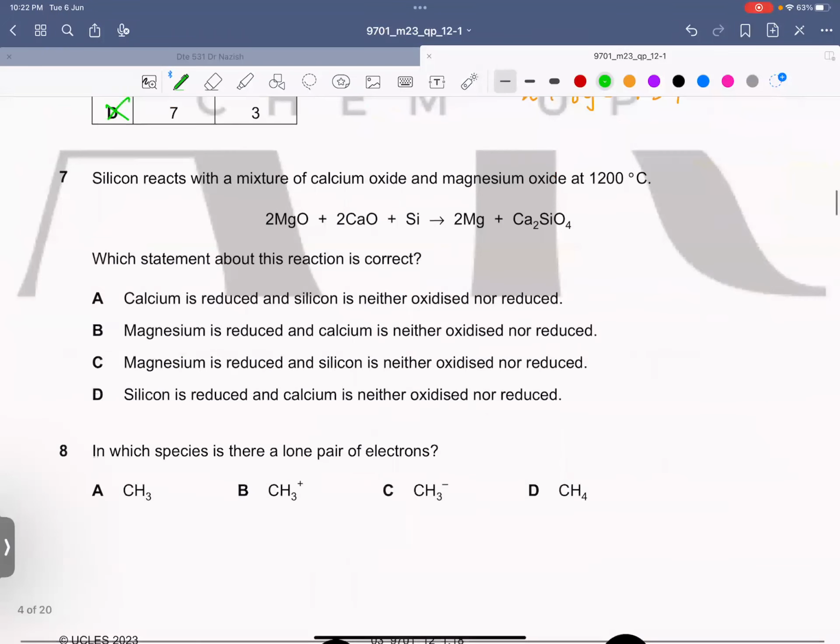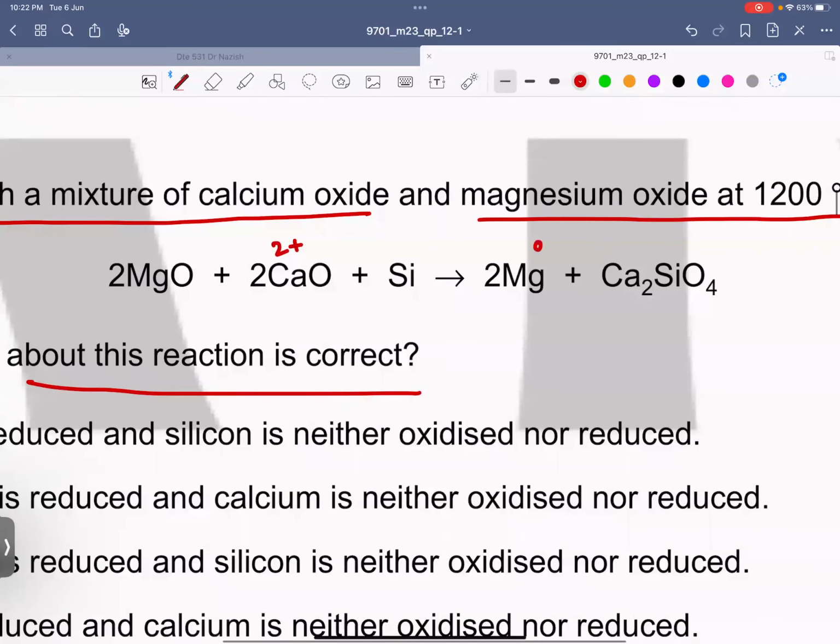Okay. Now question number 7. Silicon reacts with a mixture of calcium oxide and magnesium oxide at 500 degrees Celsius. Which statement about this reaction is correct? Calcium is 2 positive over here. Let me work over here. Magnesium is 0, silicon is 0, magnesium is 2 positive, and silicon is 2 positive.